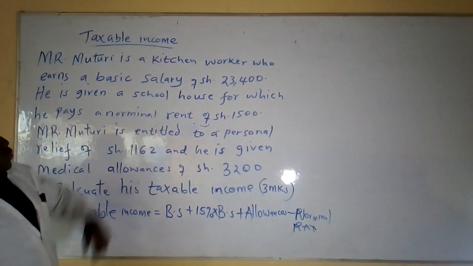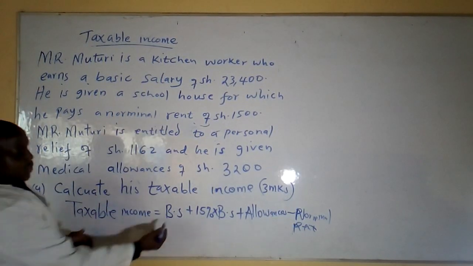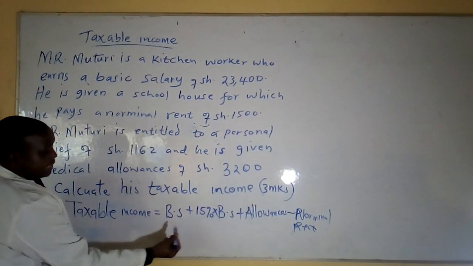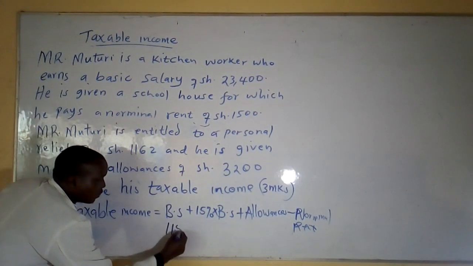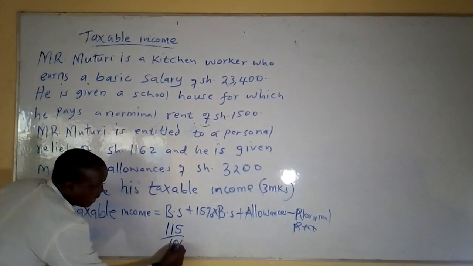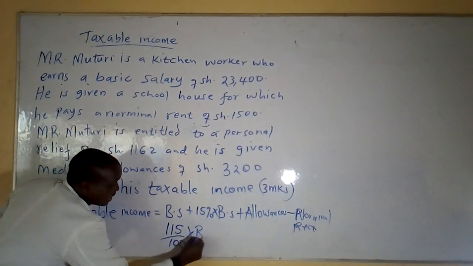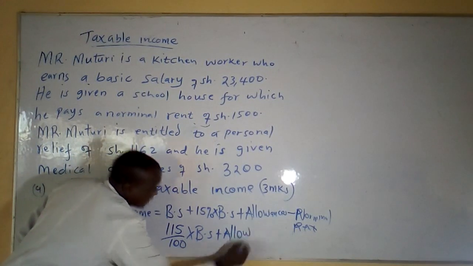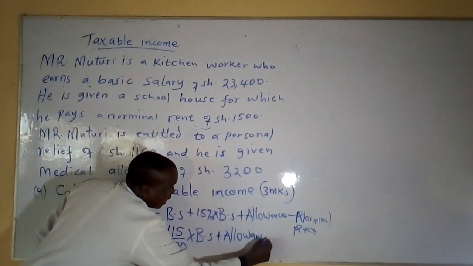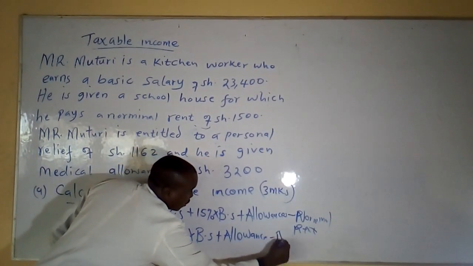We have the basic salary of 23,400. So instead of doing it separately, we can do it as a unit, as in 115 divided by 100 times basic salary plus allowances. Now you combine it, allowances, and then subtract what?